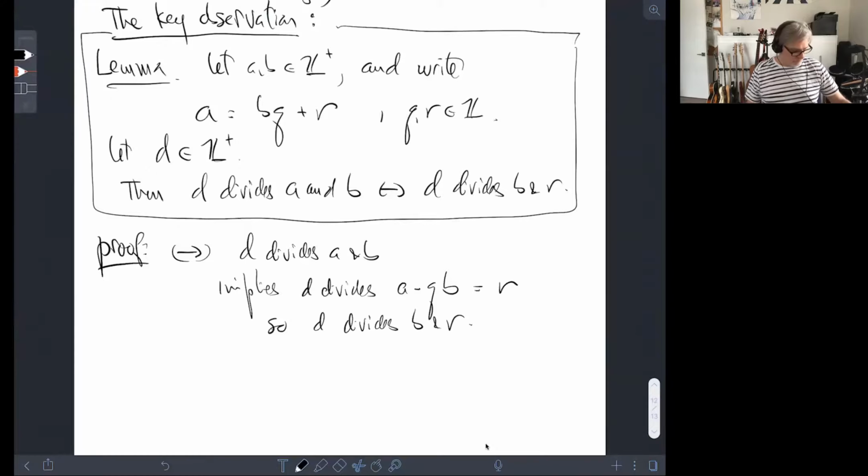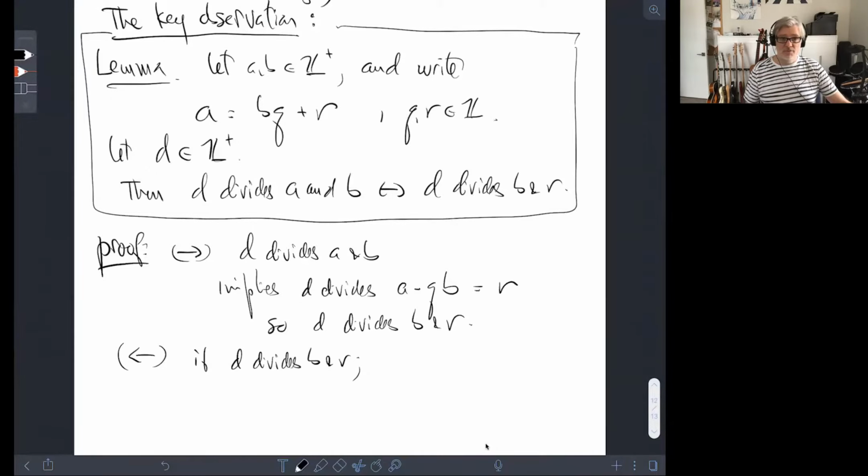Okay. The other direction is even easier. And if you've understood what I just did right there, you can probably do it by yourself. So now suppose D divides B and R. What is A?